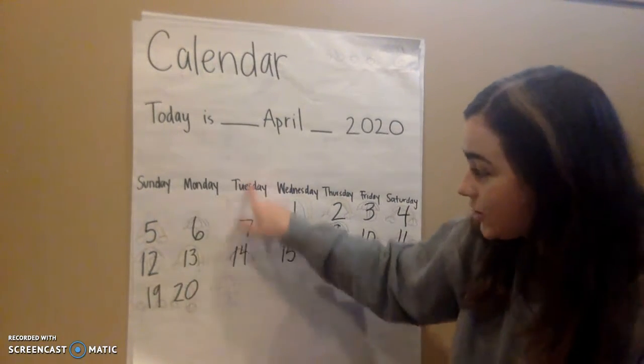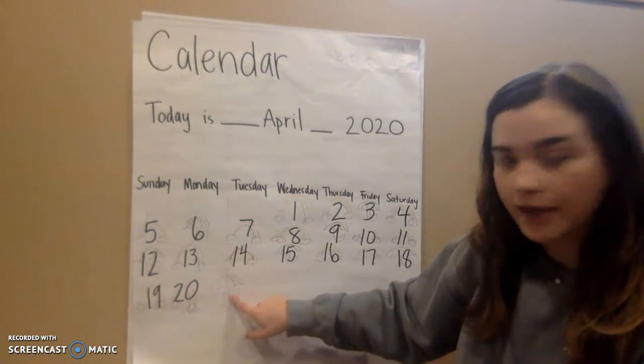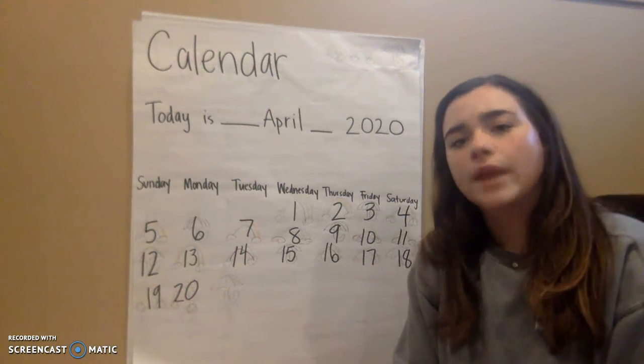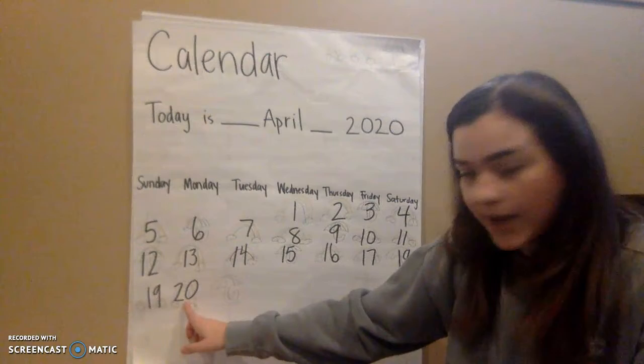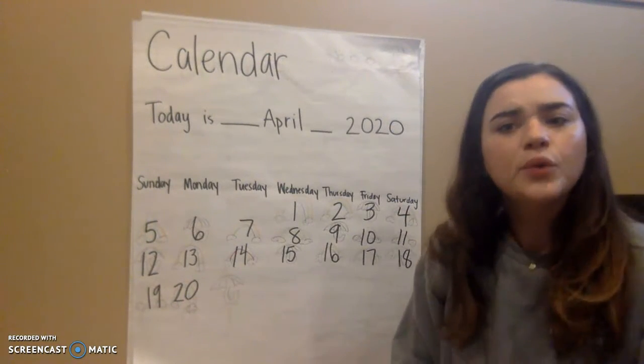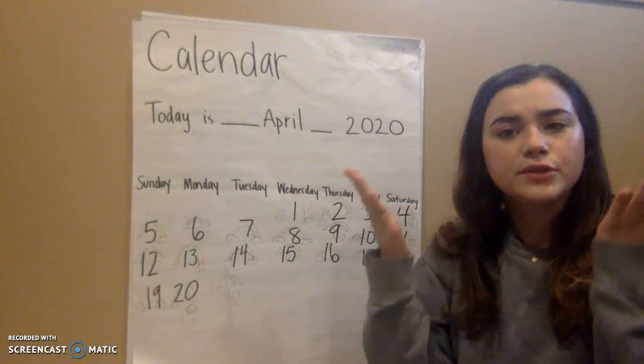So yesterday is Tuesday, and we drew the umbrella for our pattern. What number am I going to write next? Yesterday I have the number 20, a 2 and a 0. So what is my next number?